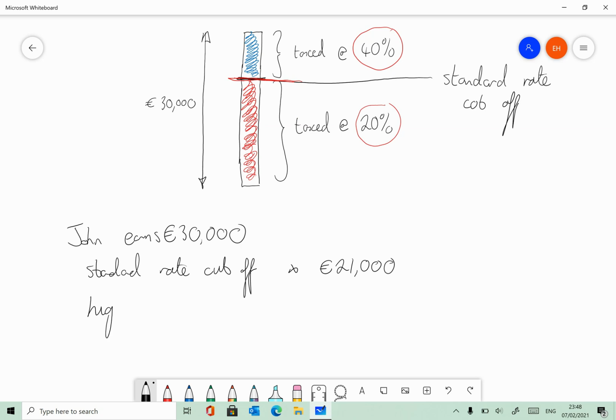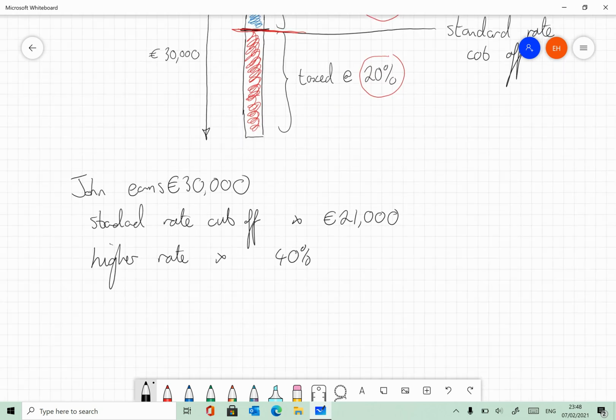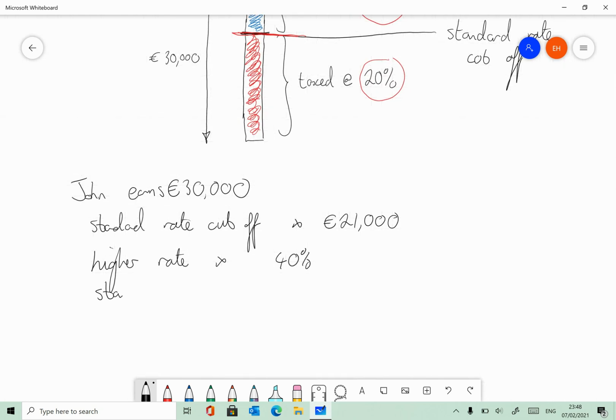Higher rate is 40%, standard rate is 20%. Calculate John's income tax.